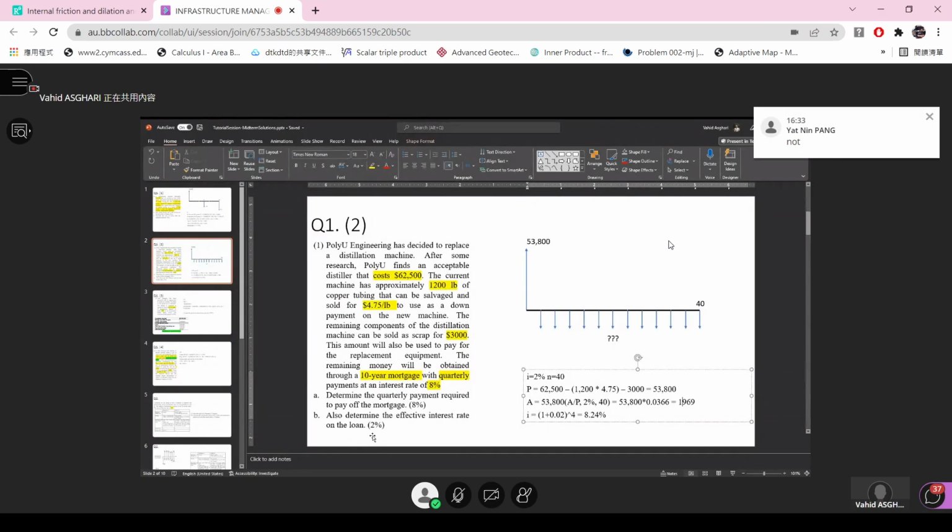No, you did not know about this effective interest rate. I mean, have you ever seen this effective interest rate during the class? I mean, in Dr. Shu's presentation slides.